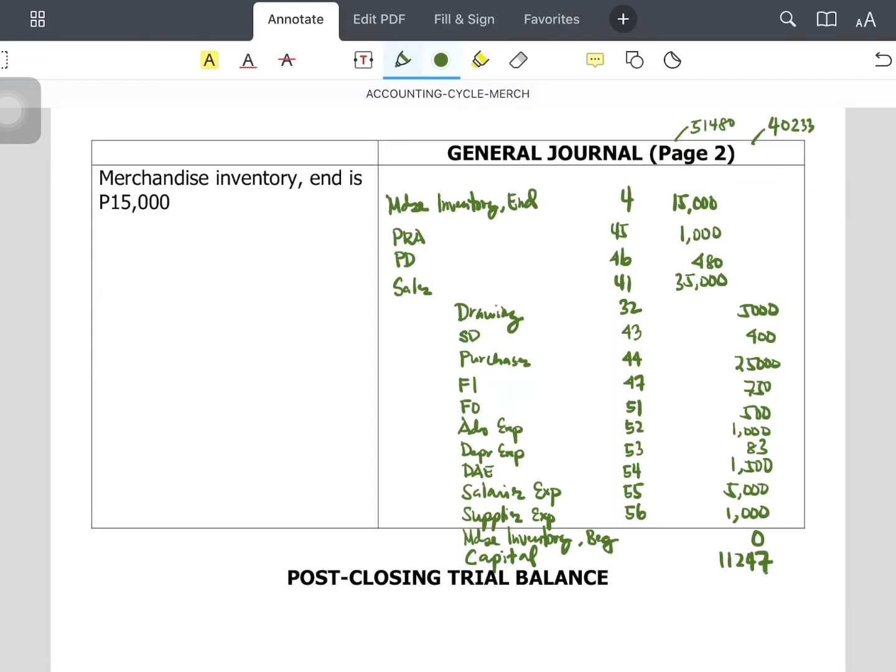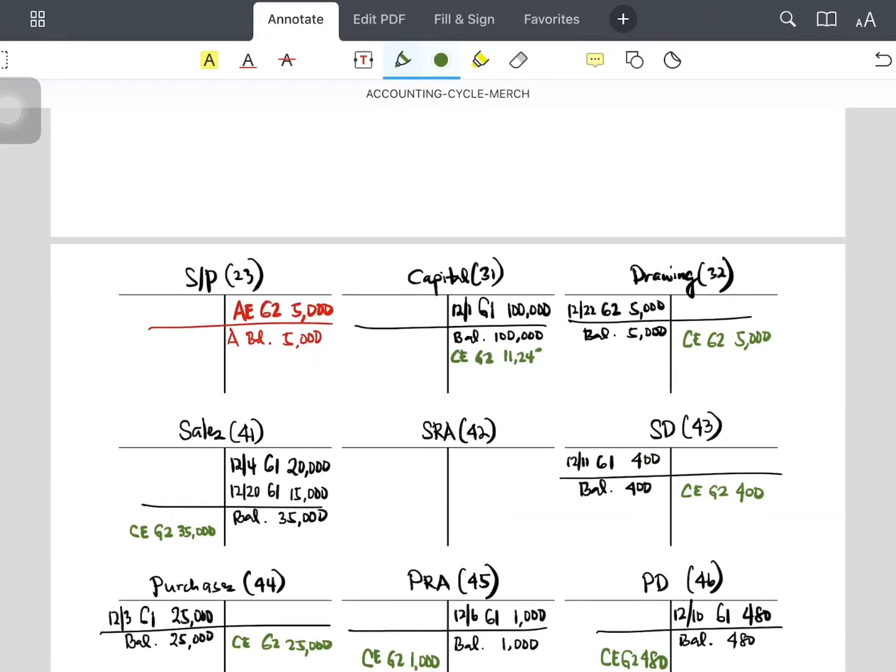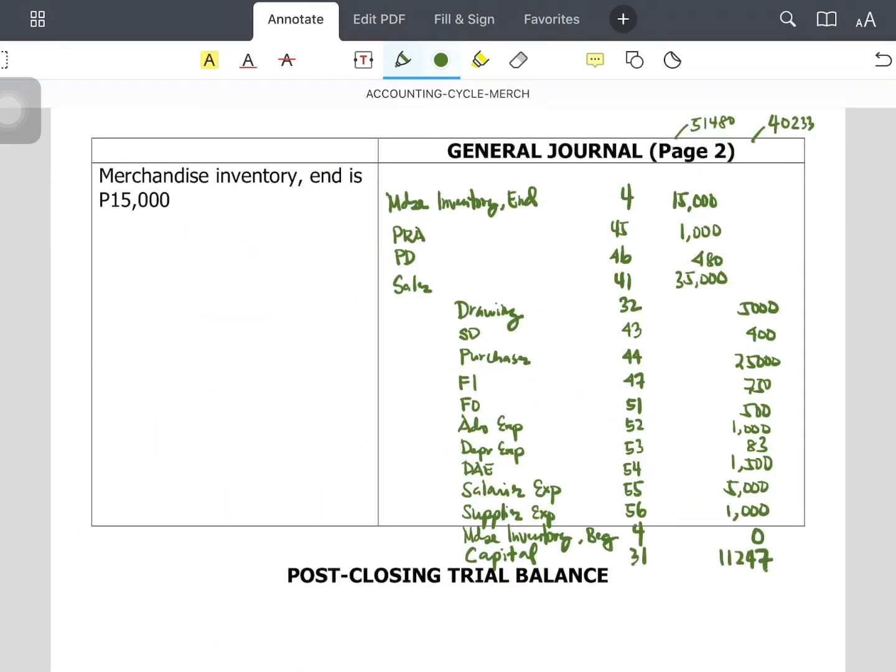And since I don't have a balance for beginning, I will just write 4. Anyway, it doesn't have any effect. After this, you get the post-closing balance of some of your account titles.